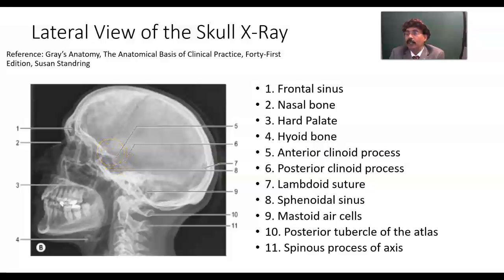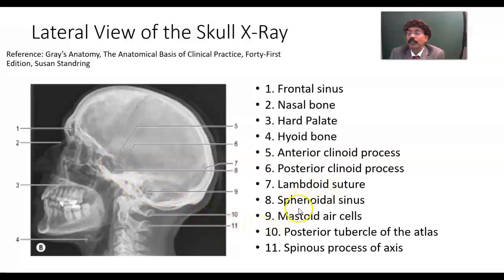That may lead to bitemporal hemianopia. So the sphenoidal sinus is also important for surgery of the pituitary gland. The surgeon approaches through the nose, breaks down part of the sphenoidal sinus, and gets the pituitary gland out of the space.